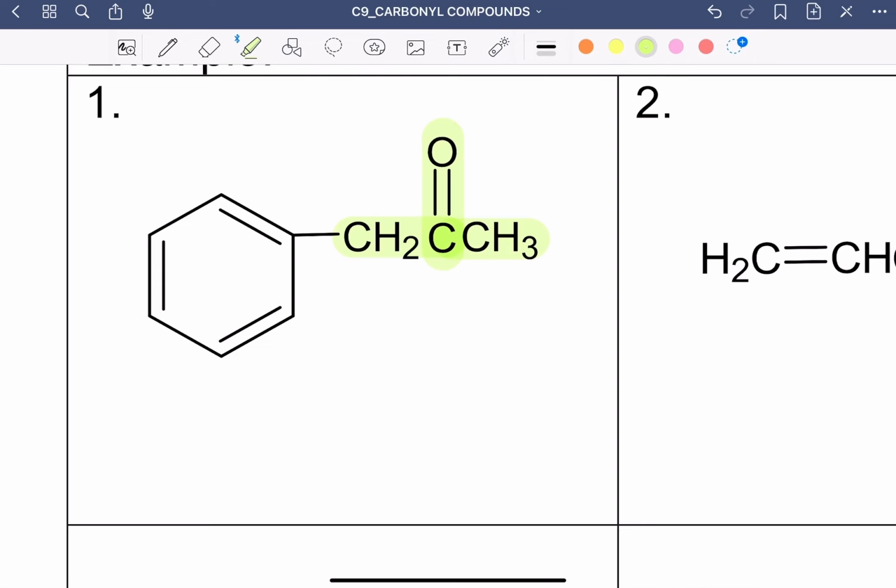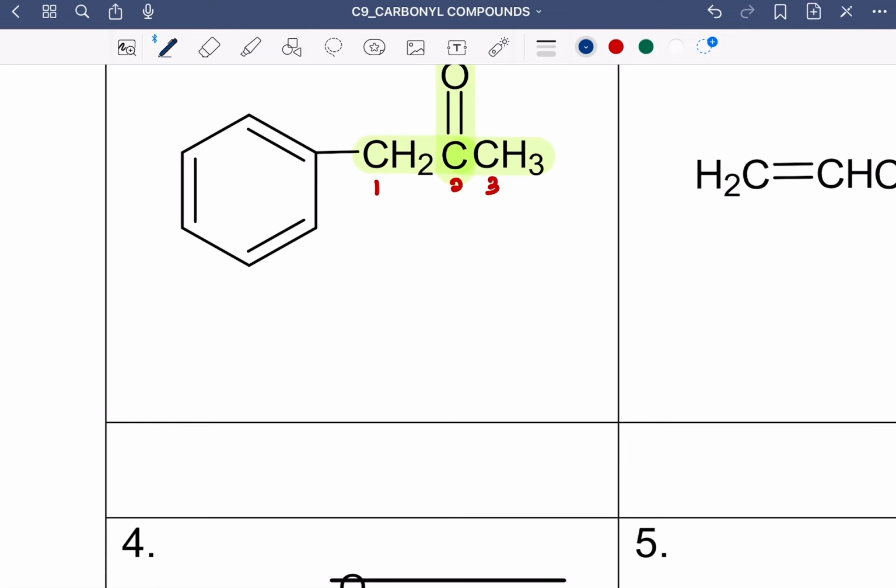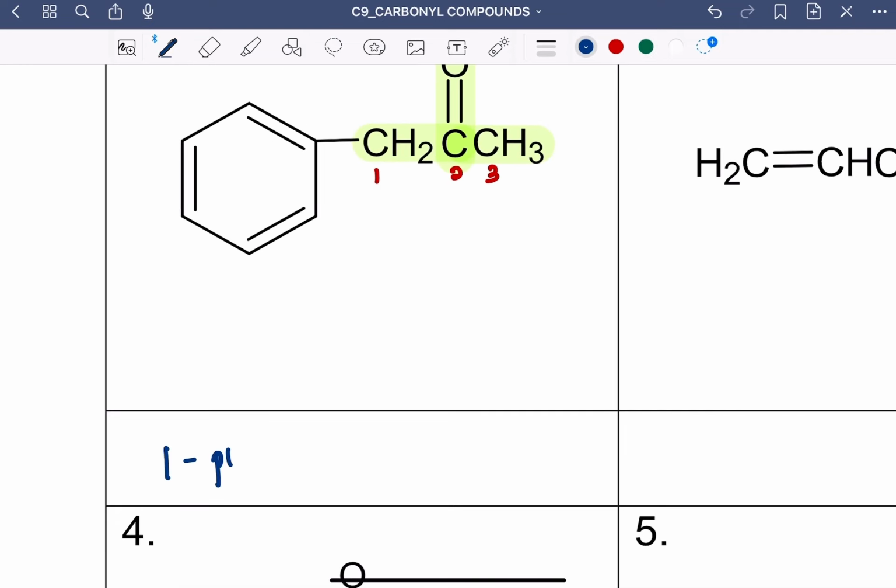This is ketone. Numbering starts from 1, 2, 3. Why not the green one? Because our substituent will be located at the lowest number of carbon. So for this, the name will be 1-phenyl propanone.